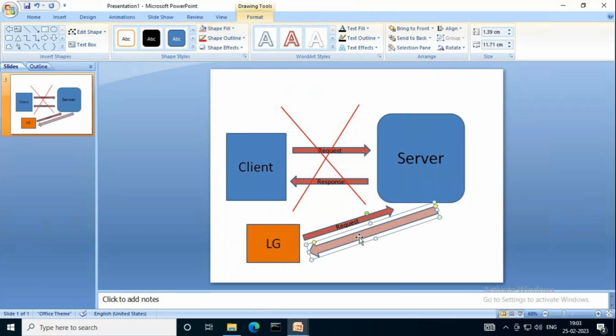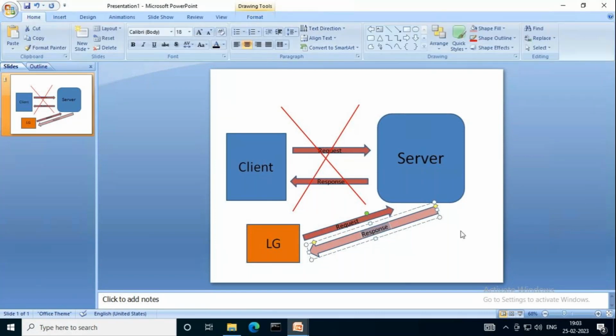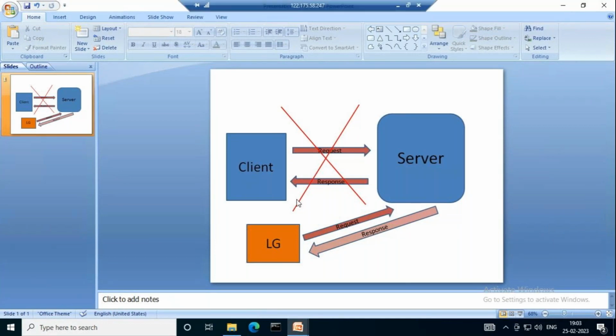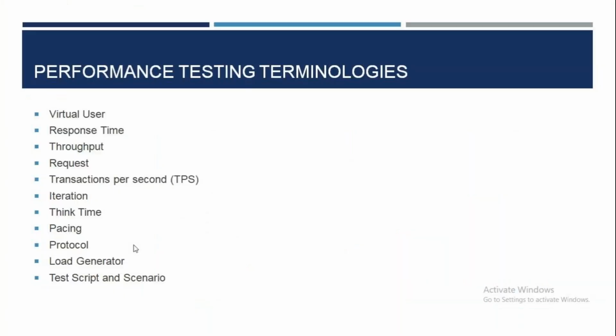The response will come back from the server to the tool in the LG machine. Clear? This is how our execution will happen, and that will be done with the help of the load generator machine. From the load generator, the load will get injected to the server.